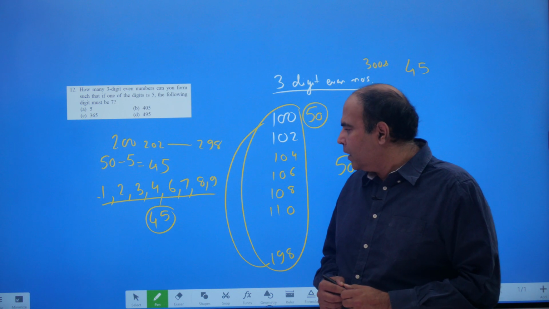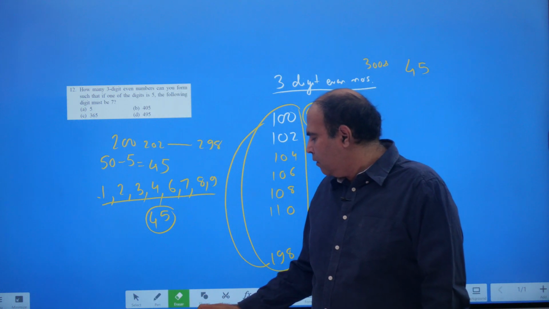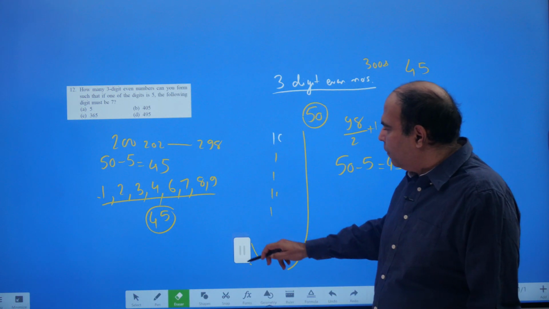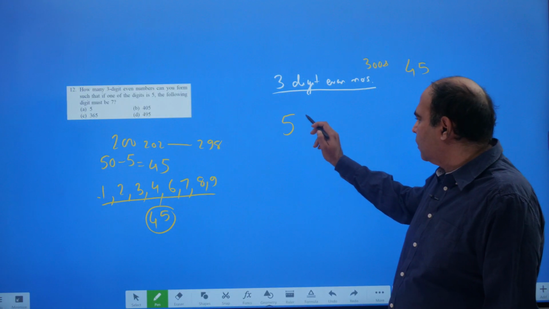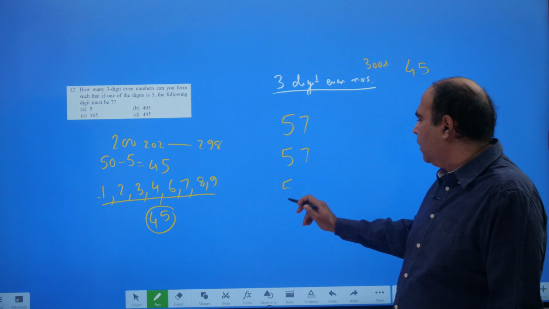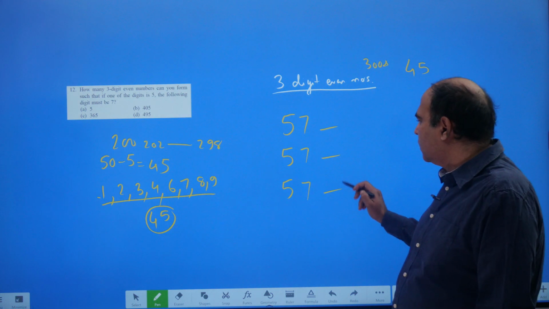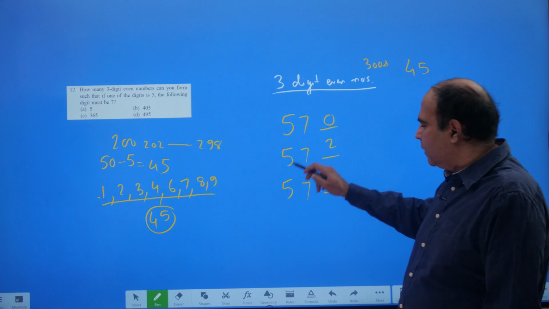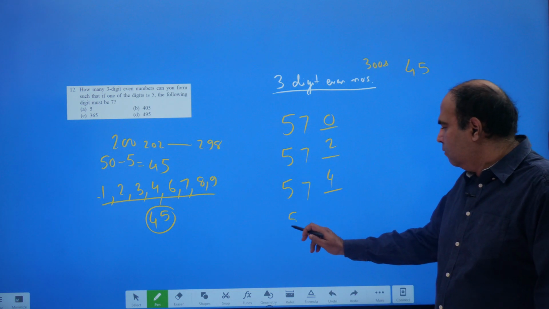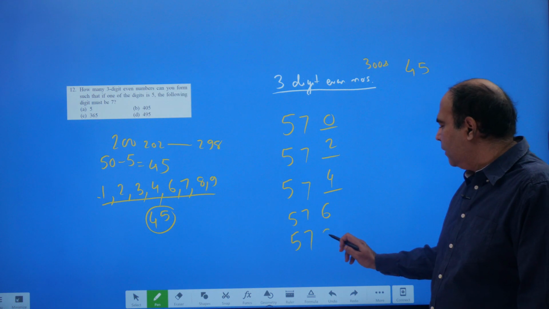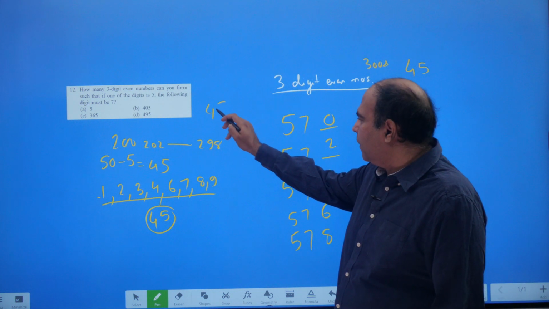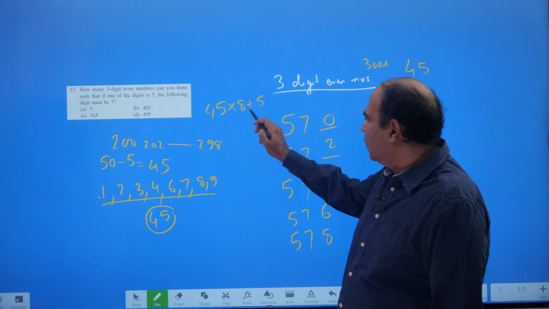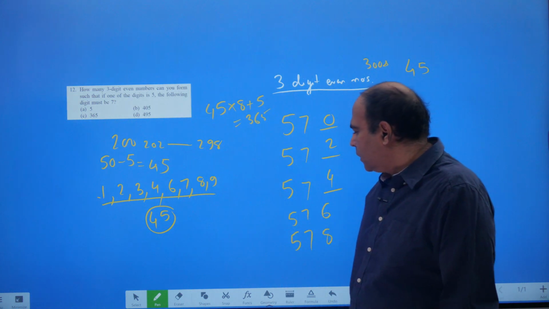Apart from that, in the 500s I've got only 5 numbers, because with a 5 I'm forced to use a 7, and the even numbers starting with 57 will be 5 more: 570, 572, 574, 576 and 578. So 360 plus 5. The correct answer to this question is 365.